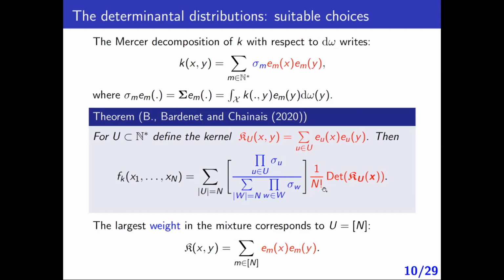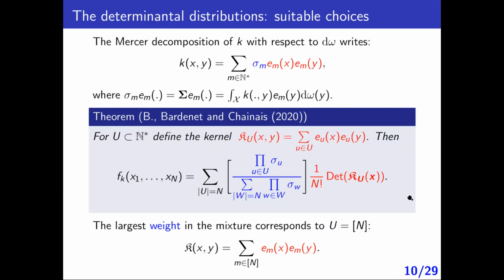And we can prove something like a Mercer decomposition of the continuous volume sampling. It is a mixture of projection DPPs that have a normalization constant n factorial, and the weight is simply the ratio of the product of the corresponding eigenvalues by the sum of everything. And what we consider is the projection DPP corresponding to the largest weight in this sum.